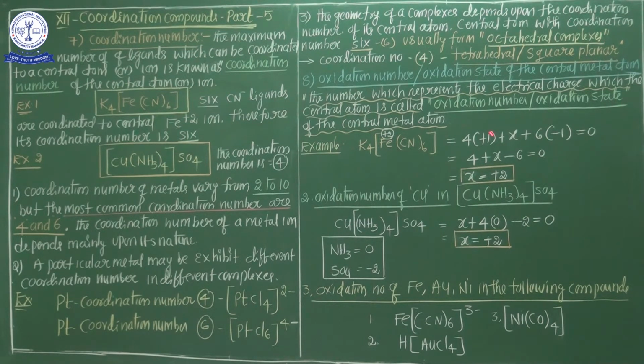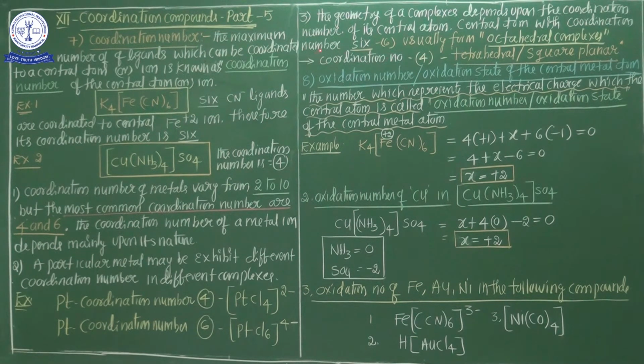Underline this one: if any compound shows coordination number 6, obviously that complex shows octahedral structure or octahedral geometry. The common coordination numbers are 4 and 6.